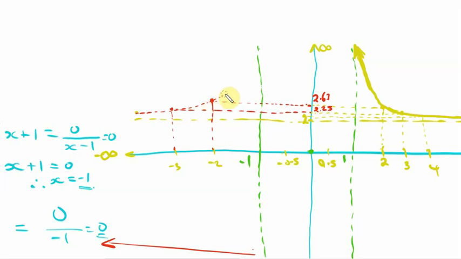So this is how the graph will look like. Okay, so the graph is that side.